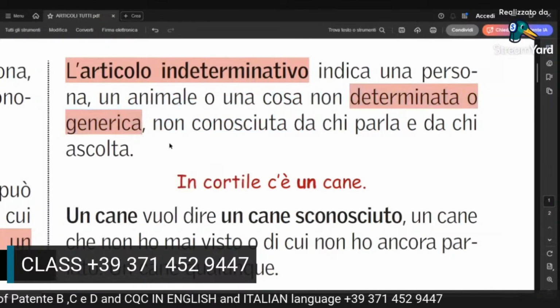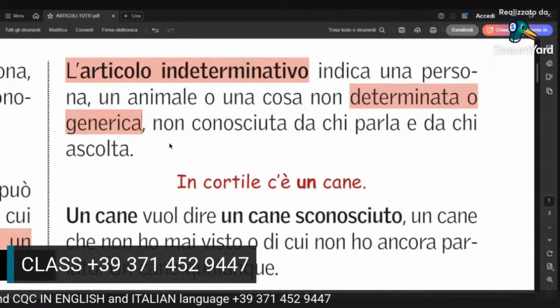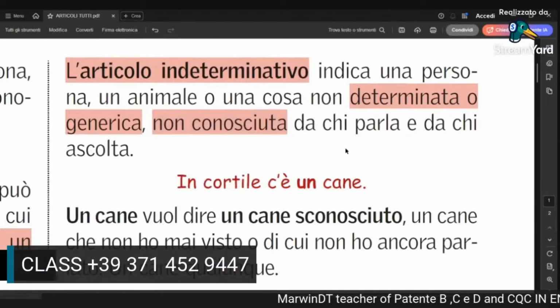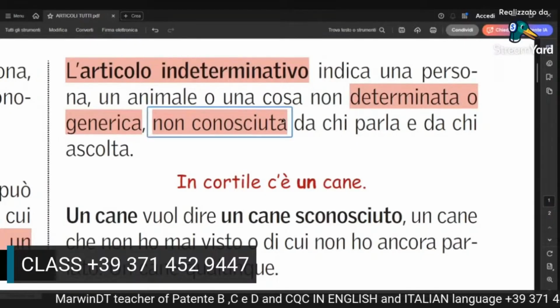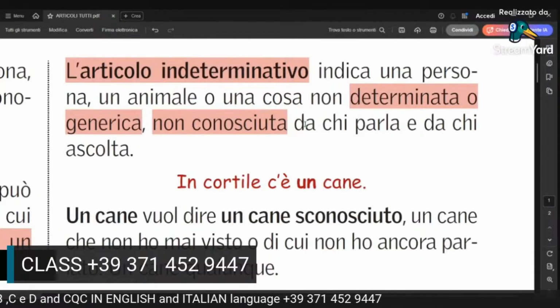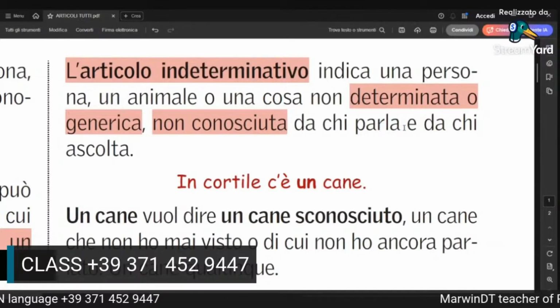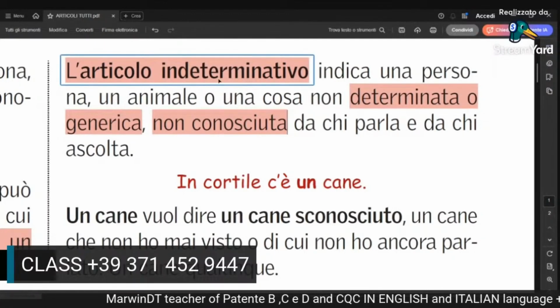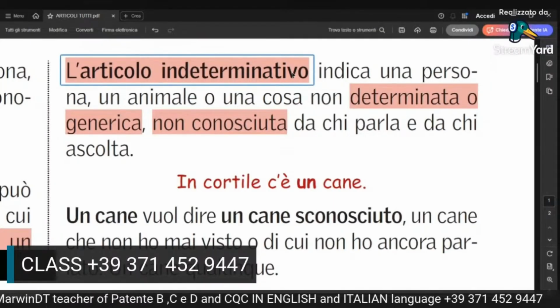It can be a generic number, a generic name. Non conosciuta, something not known, da chi parla e da chi ascolta. So something generic and not known to the person that is talking and to the person that is listening to the conversation. That is articolo indeterminativo. Okay.